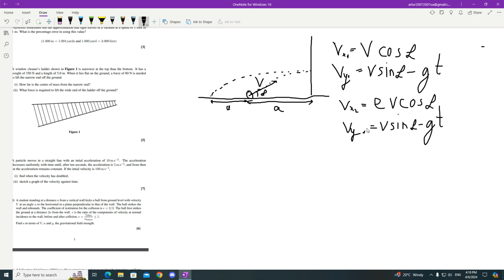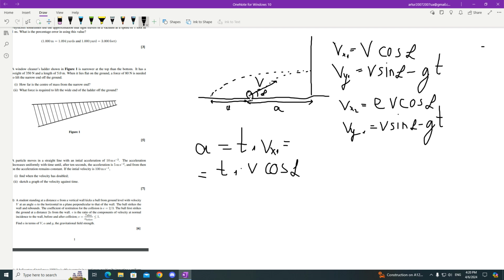So what now? Now we can go through a few ways. First of all, we know that A is equal to t1, the time the ball needs to go from point A to the wall, multiplied by Vx1, which is t1 multiplied by V cosine alpha.